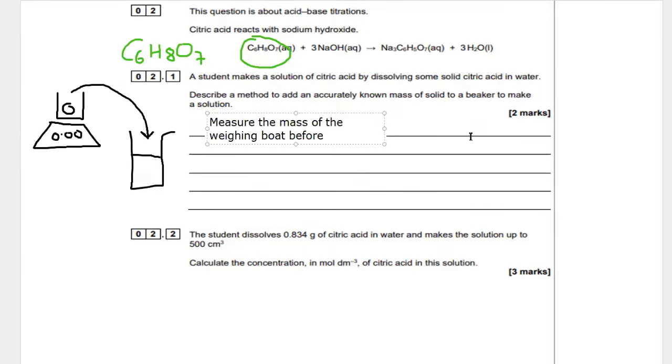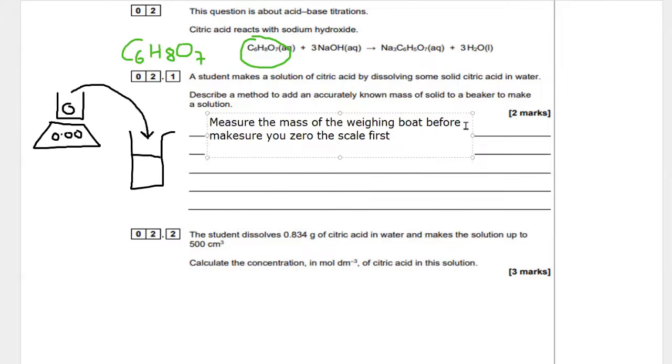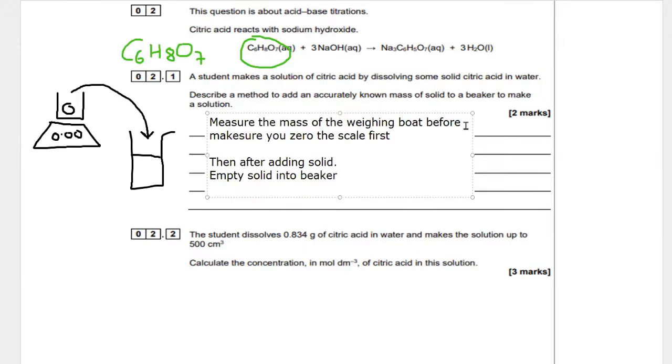I would just add, make sure you zero the scale first. It's good practice to make sure it's on zero. Measure the mass of the weighing boat before, then after adding solid, empty solid into beaker, reweigh the mass, and subtract.